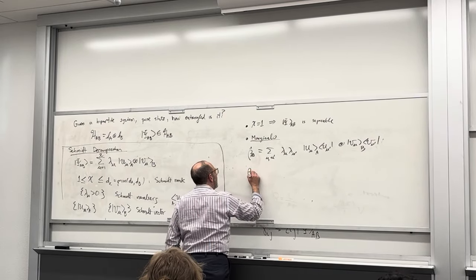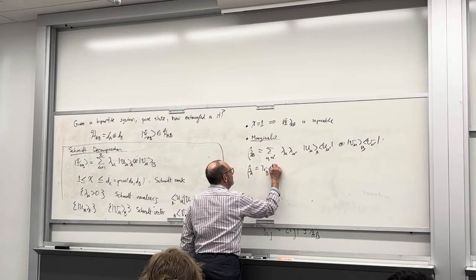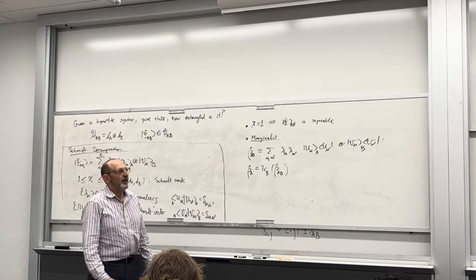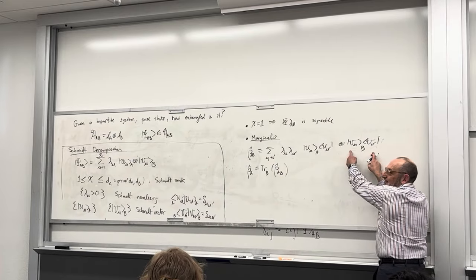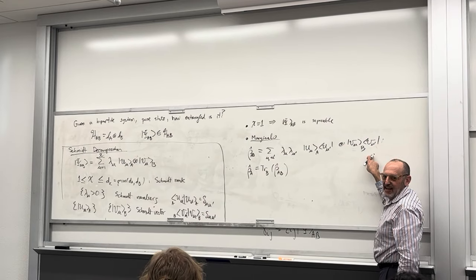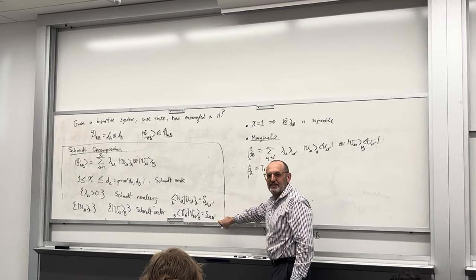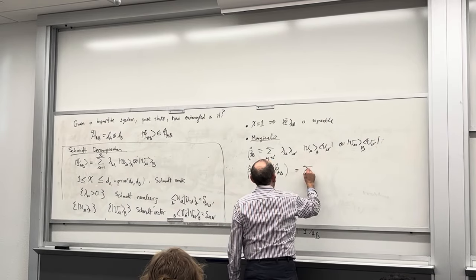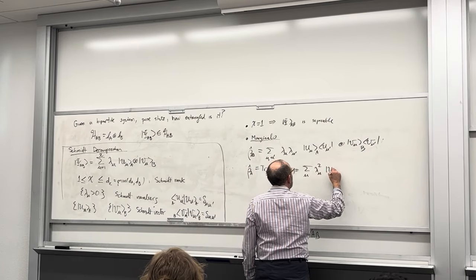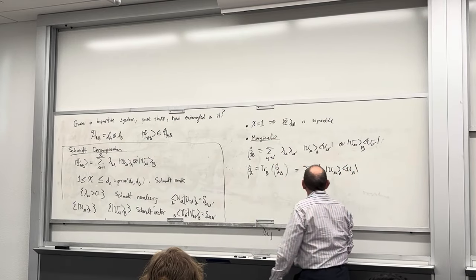Let's say the reduced density operator. I trace over B. But tracing over B is the tracing over this, and the trace of this is a delta function, because of what we just wrote over there. So this is equal to the sum over mu of lambda squared, right?